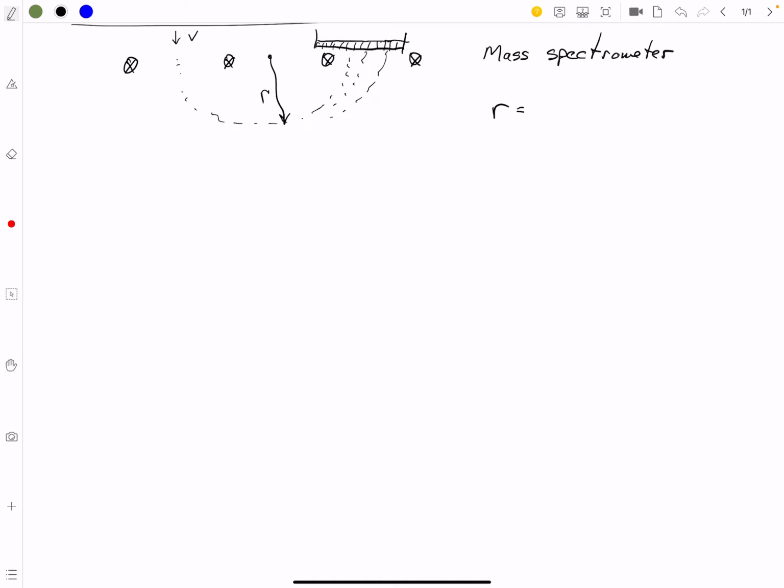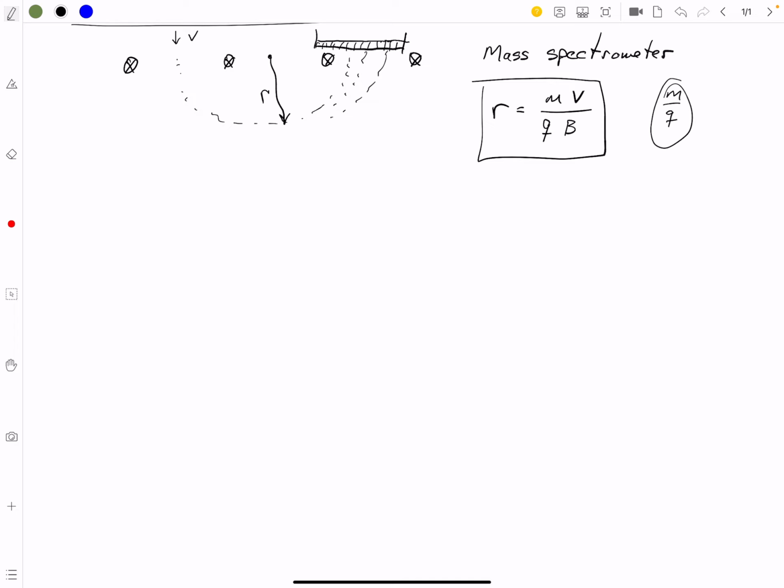The radius, we've done it a million times. The radius is m v over q B, where v is little v, velocity, not big V, not voltage. Okay, that's our radius for a mass spectrometer. And of course, q over m is our charge per mass, or we could invert it and have mass per charge.